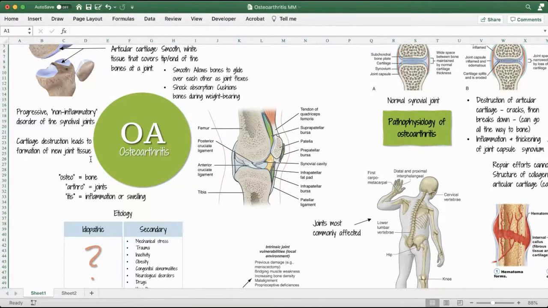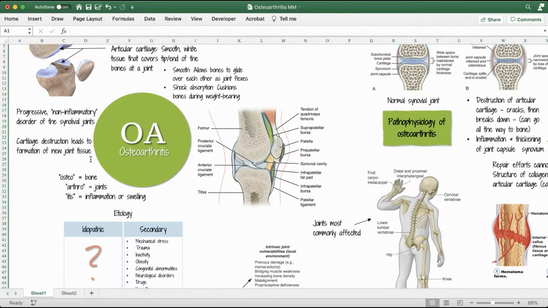So when we say non-inflammatory, we're talking about osteoarthritis. What it actually means is that the etiology of the disease is not inflammatory. In other words, it didn't start based on inflammation. It starts with a progressive breaking down of this articular cartilage, which we'll talk about.